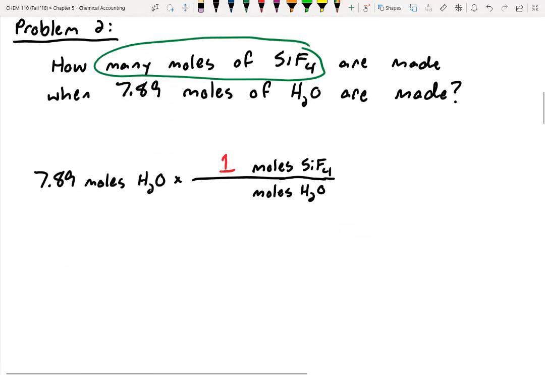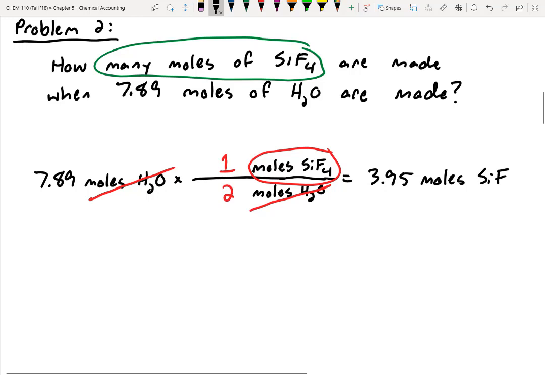So then I would just plug in 2 down here with the moles of water. All right, when all is said and done, we've canceled out moles of water. We're left with moles of silicon tetrafluoride, which, let's see if I can do the math, is about 3.95 moles of silicon tetrafluoride.